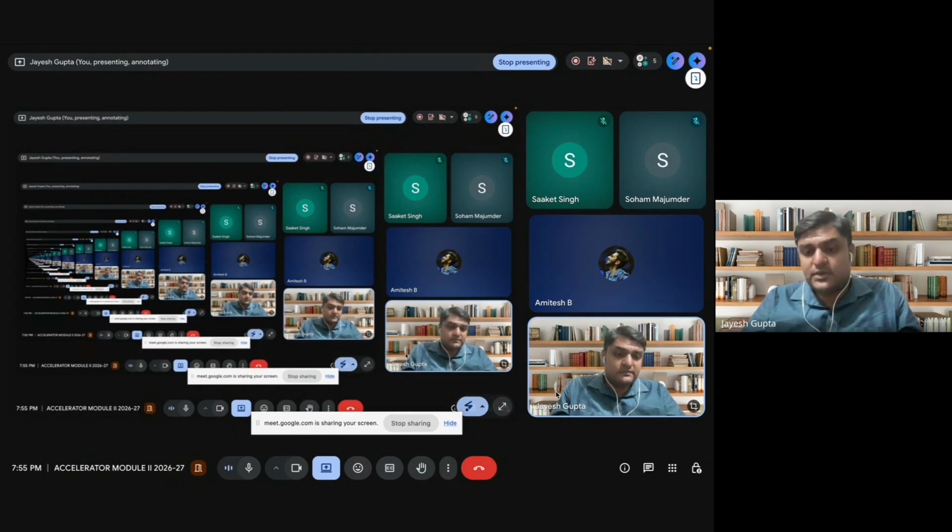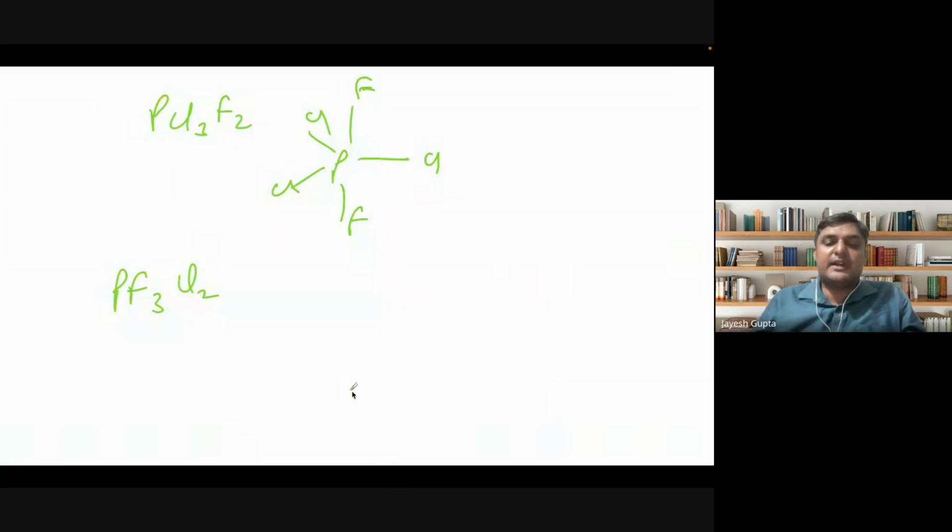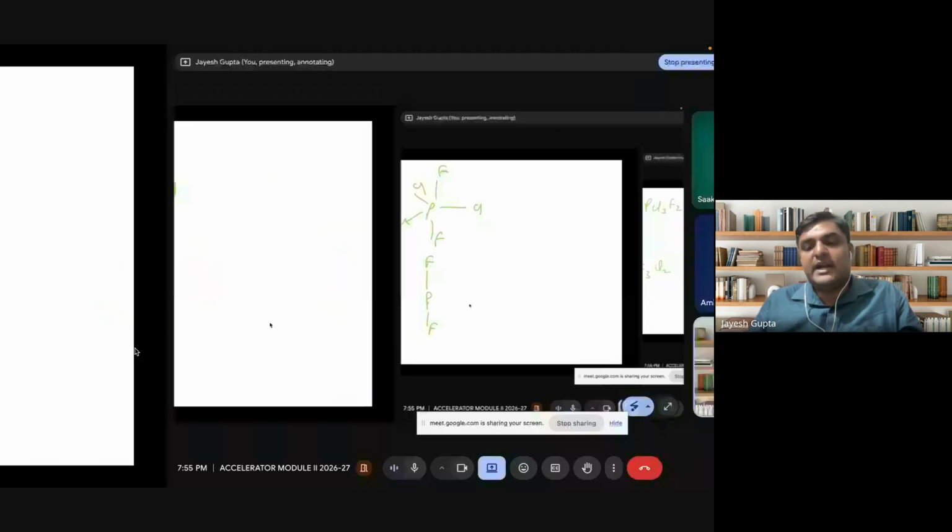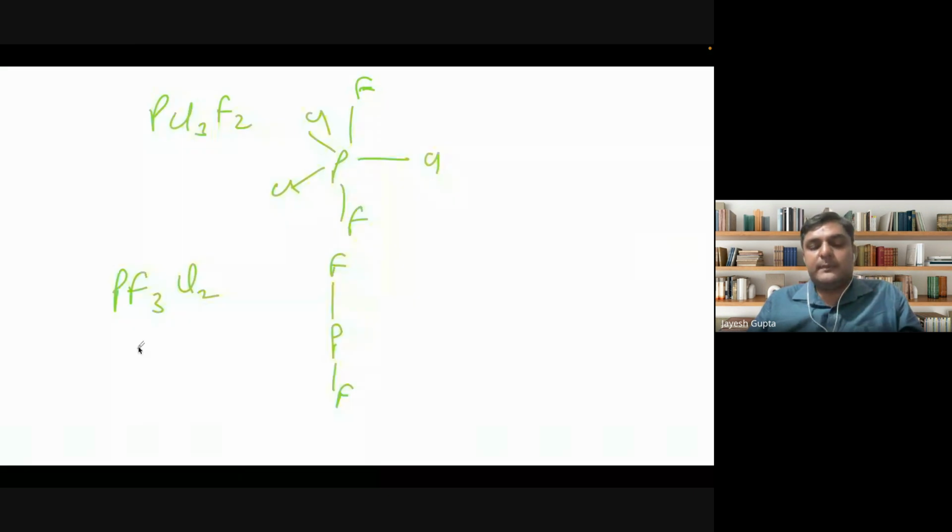So the highly electronegative atom will go in axial. There are two axial positions, so they will be taken by fluorine and fluorine. But since there are three fluorine atoms, only two can be kept in axial. The one left behind you have to keep in equatorial; you do not have any choice. The two other equatorial positions will be taken by chlorine because it is less electronegative.